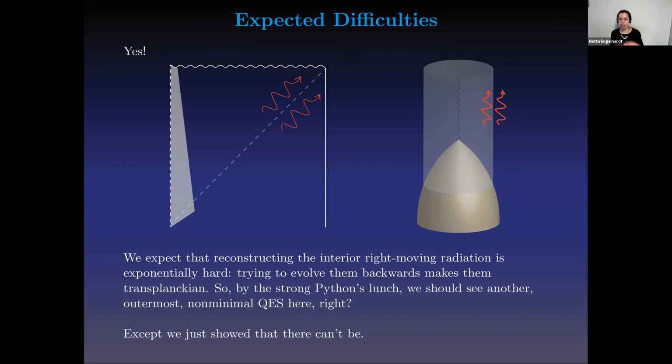There have been a lot of papers written on this; reconstruction of that should be exponentially complex. So the strong Python's lunge proposal would tell us that we should see another outermost non-minimal quantum extremal surface in this spacetime, except, as we didn't show, but I told you, if you have a compact quantum extremal surface, you have to have a past singularity. So clearly something here must be wrong. Well, okay, I wouldn't be giving this talk if it were wrong. So obviously there's a resolution here.